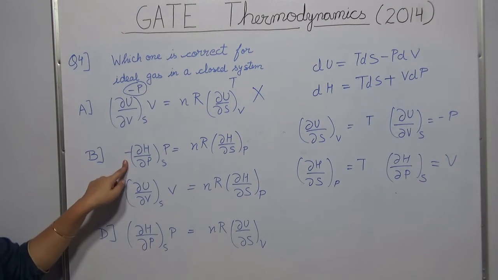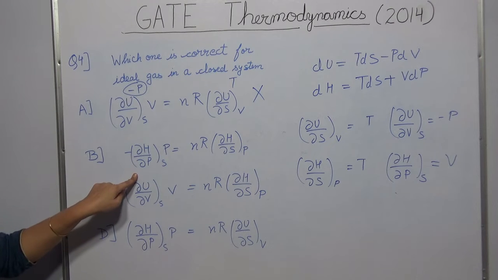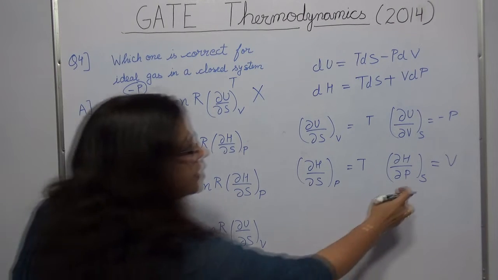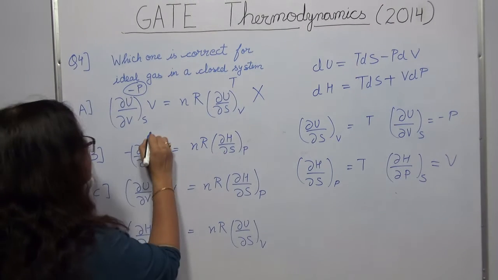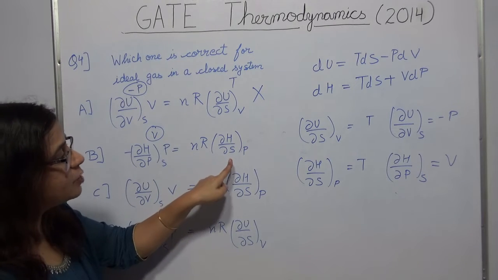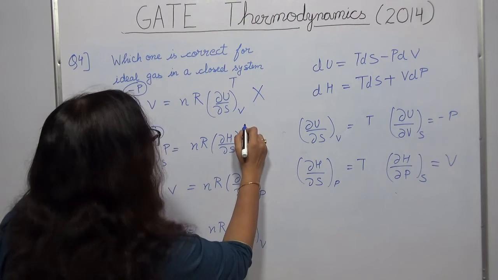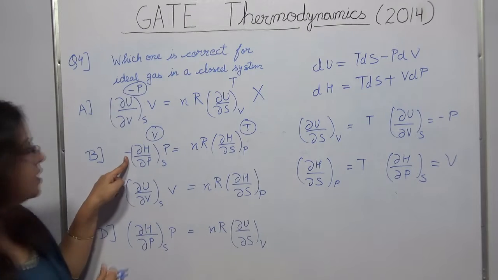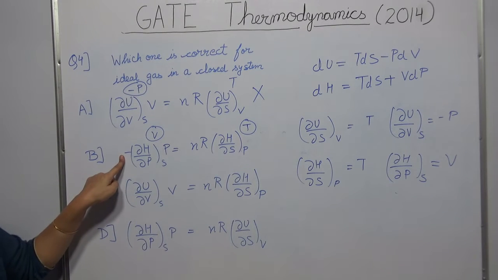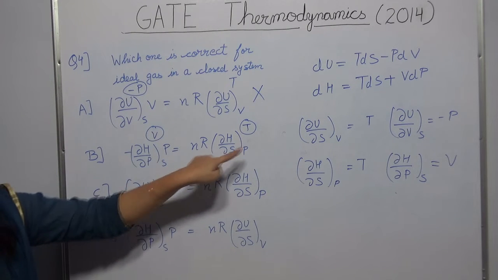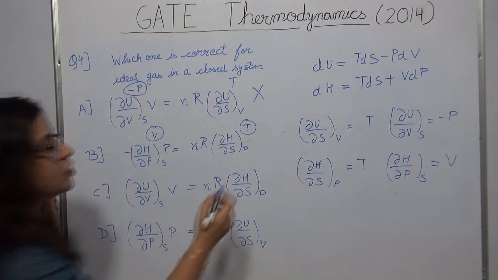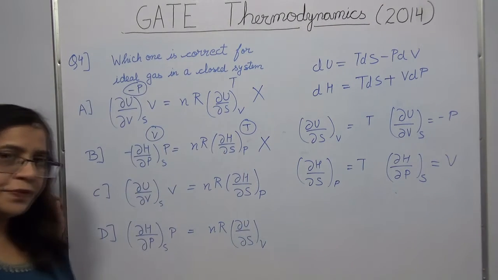Let's see this one. Minus del H by del P at constant S takes the form of minus V. What is del H by del S at constant P? That is equal to T. But there is a minus sign, so this equation again takes the form of minus PV is equal to nRT. There should be no minus sign, so this option is also wrong.